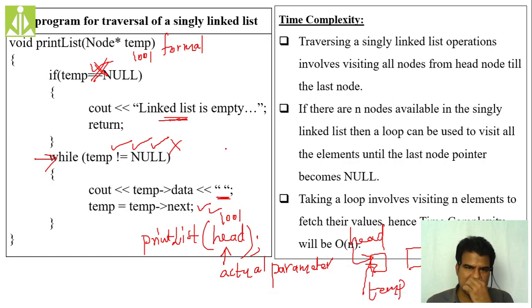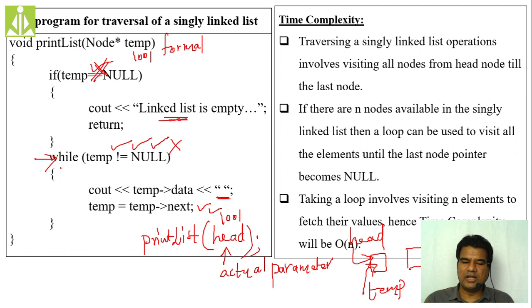See, traversing a singly linked list involves visiting all the nodes from head to end. Initially we don't know how many nodes a particular linked list is going to have. So we are operating this while loop.